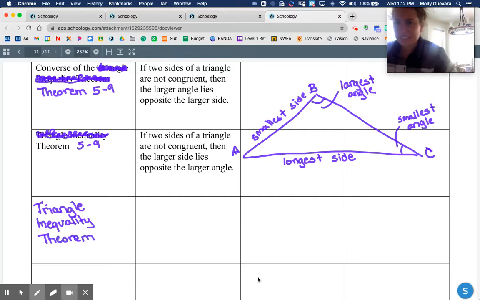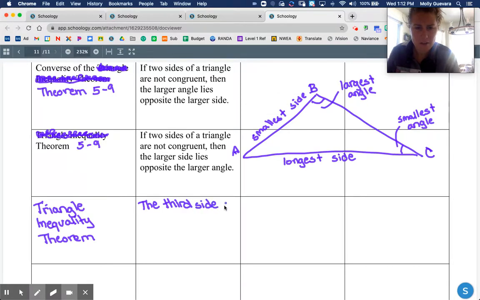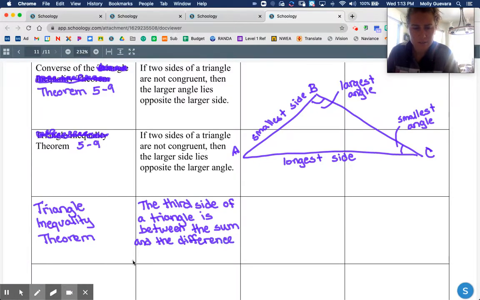Okay, so this just says that the third side of a triangle is between the sum, remember that sum means add, and the difference, so that means subtraction, of the other two sides.